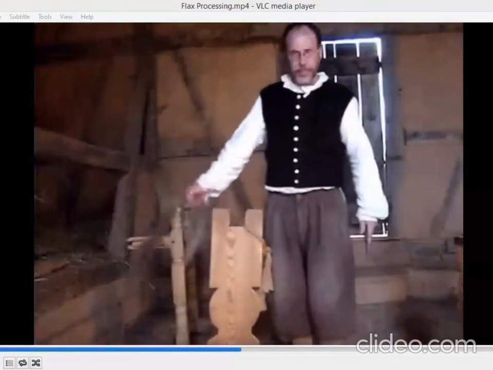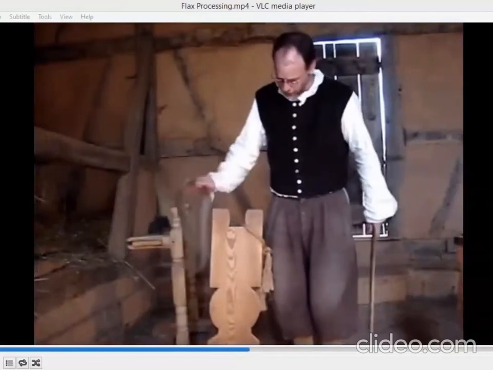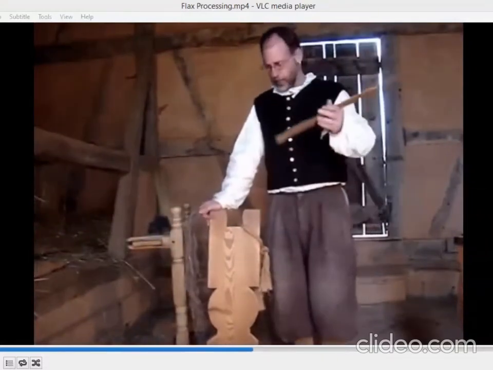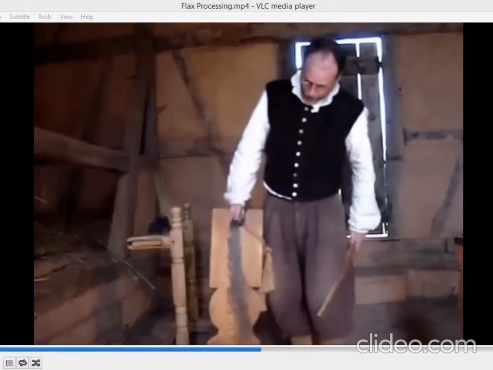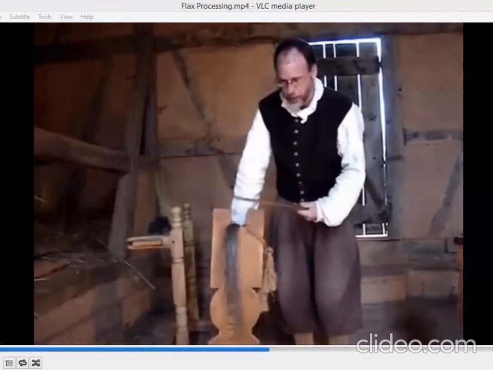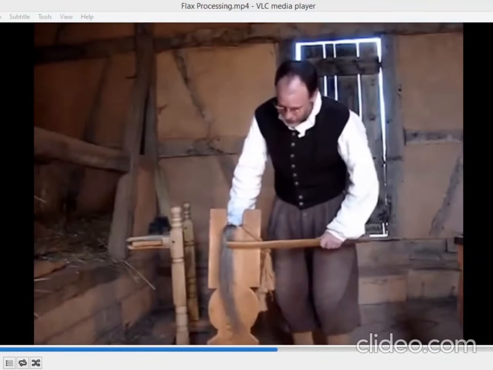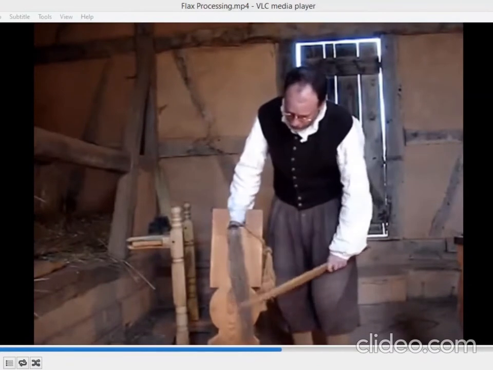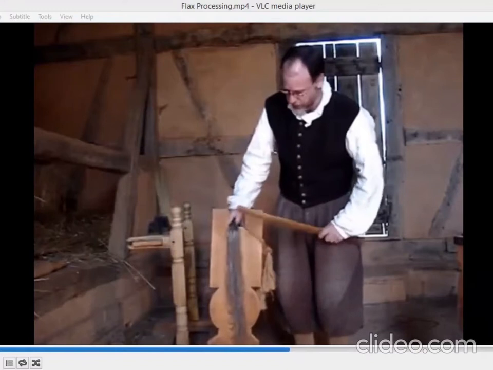All right, now we're at our next step in the flax processing, our scutching. And we have a scutching board here and a scutching knife. And we will drape our broken flax fibers over this scutching board. And with the scutching knife, we need to beat and scrape down through the fibers, trying to clean them up even more thoroughly, and start to straighten and soften those fibers.